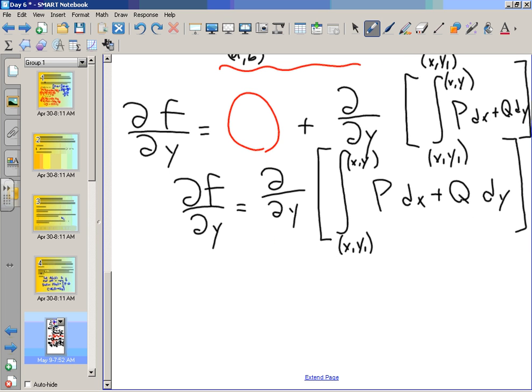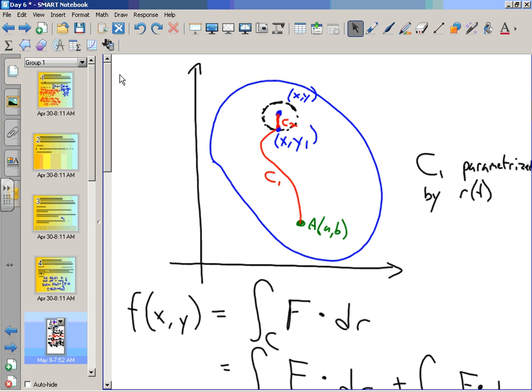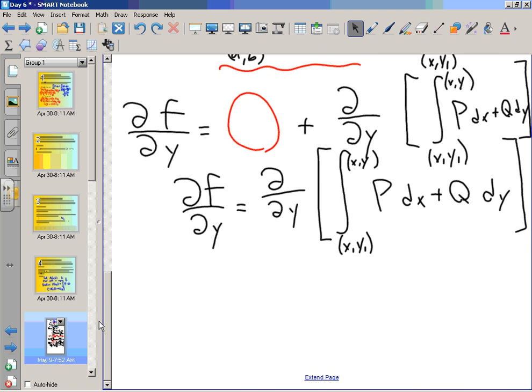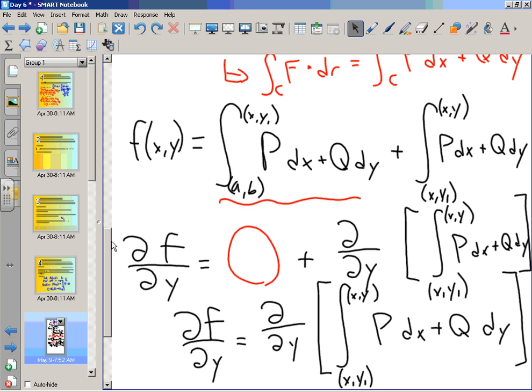Now, we have to make one more observation. And this is the whole reason we defined our curve here to be this vertical line segment right at the end. Because, A, it makes this integral totally constant with respect to y, and so when we differentiate with respect to y, it goes to 0.